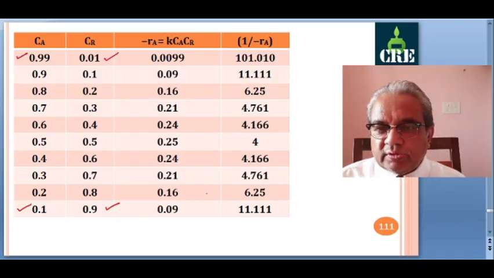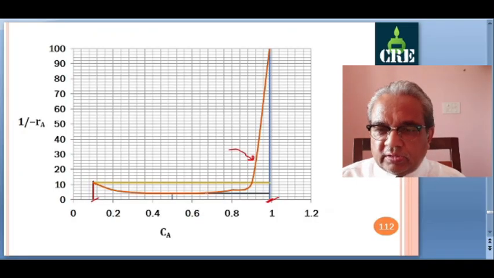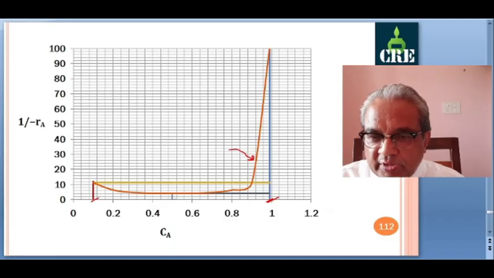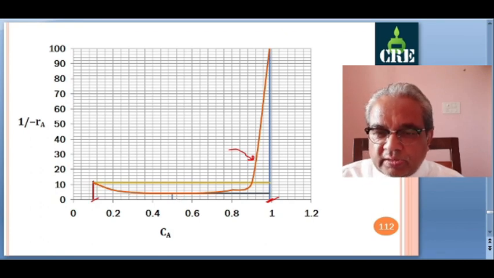Now why we have plotted this is not just to check this, but we want to find some intermediate concentration here and suggest a scheme of two reactors. You can see here I have taken this point at 0.5 somewhere.